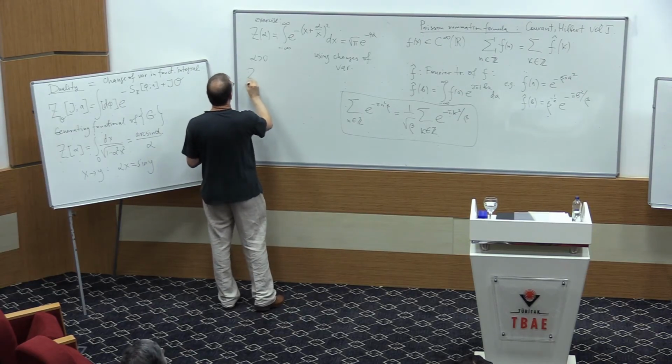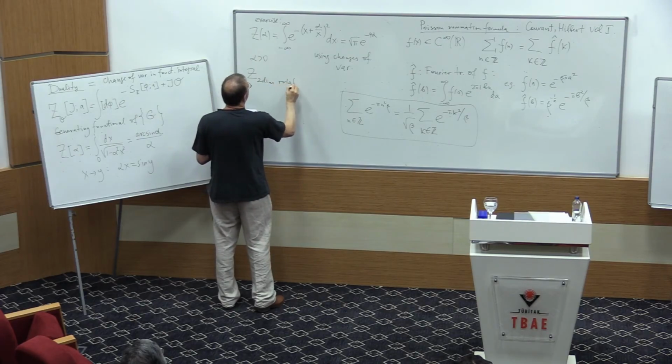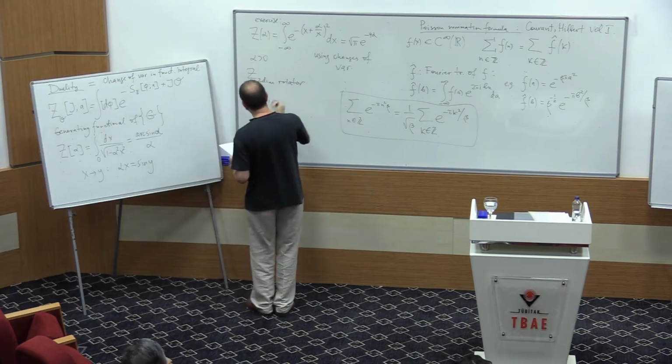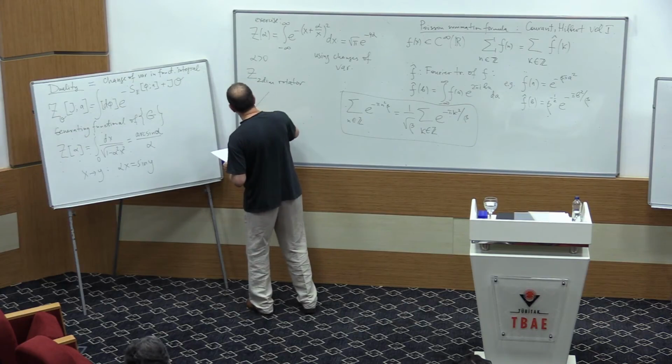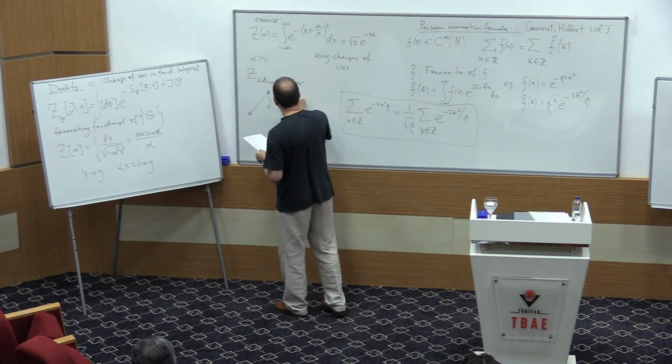So this is Z of the two-dimensional rotator, which is a two-dimensional model of a molecule rotating like this in spatial dimension 2.